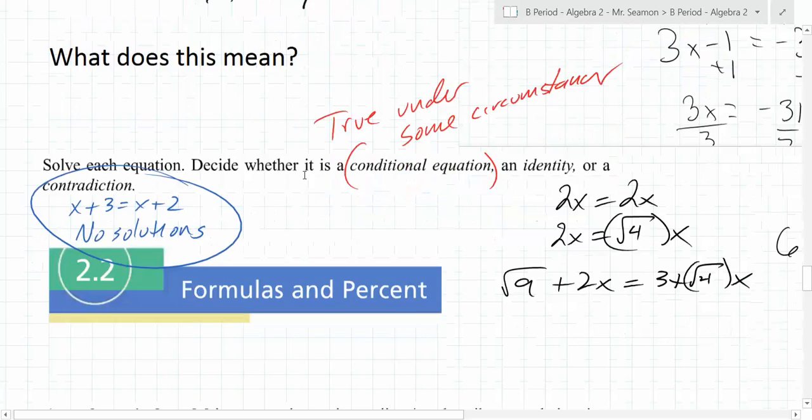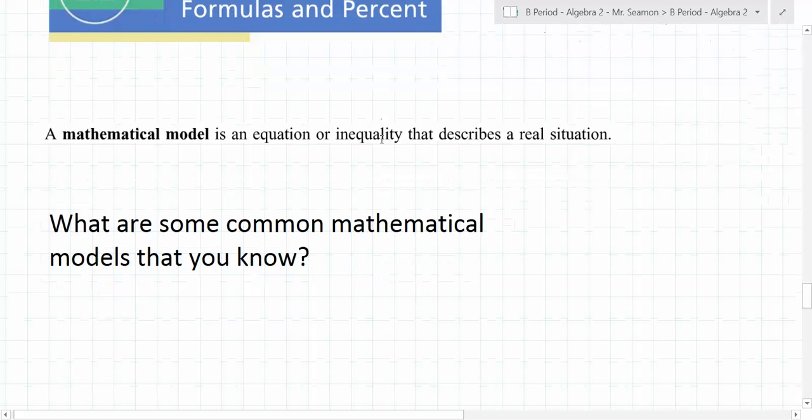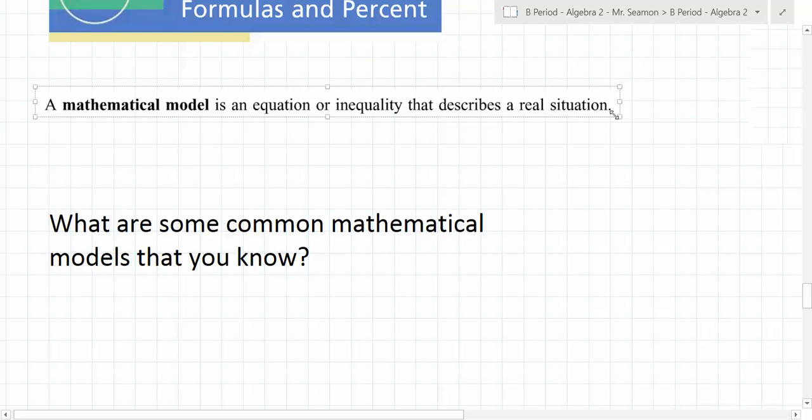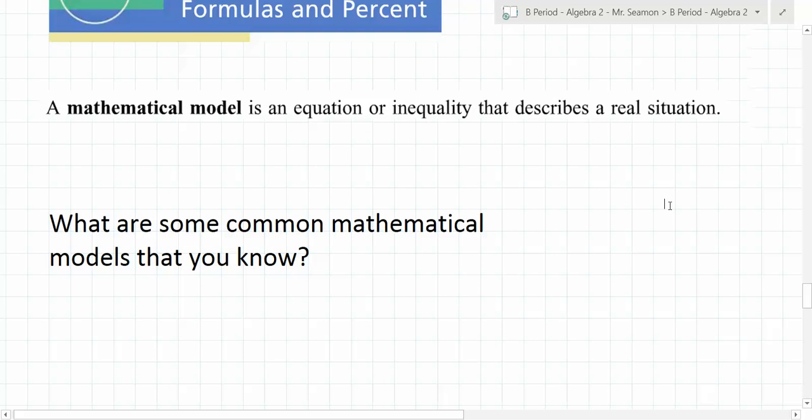Okay, so what about formulas and percents? You've seen mathematical models before, and these are an equation or inequality that model something in real life. Some of you may have taken some physics or seen some of these equations. What does distance equal? Rate times time. What about the area of a circle?